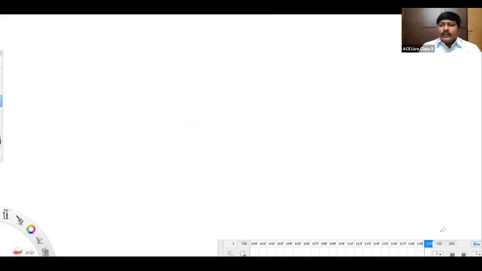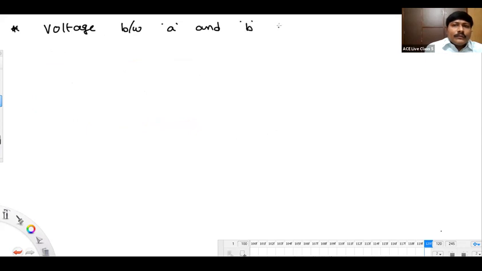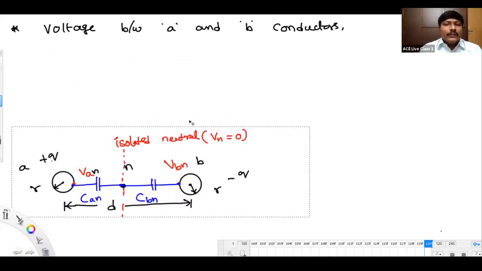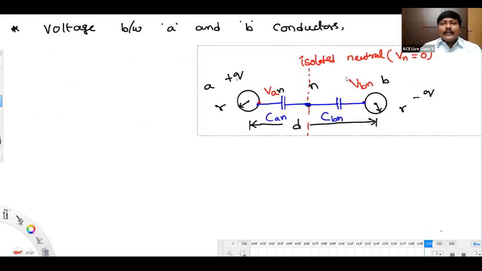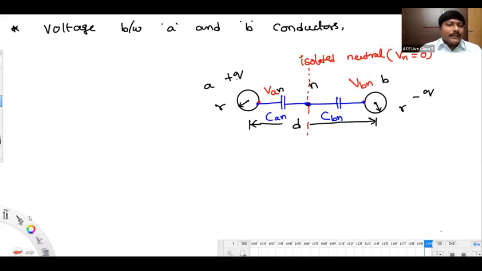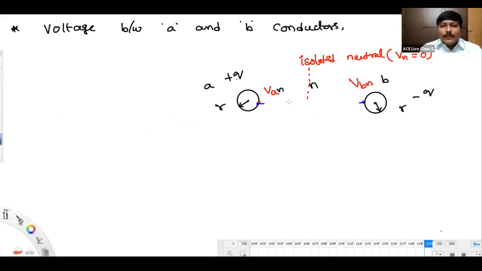The voltage between conductors A and B. You have voltages VAN and VBN here. What is the voltage between the two conductors?